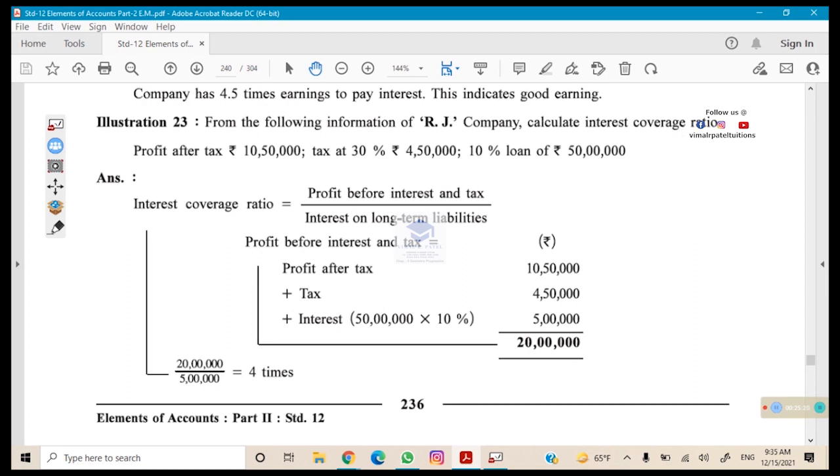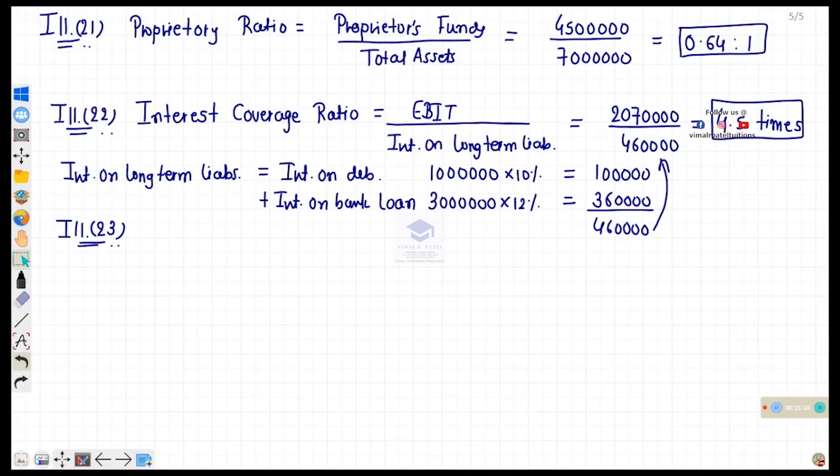Profit after tax at 30% and interest on loan of 10%. From that you have to calculate interest coverage ratio. Profit after tax is given.